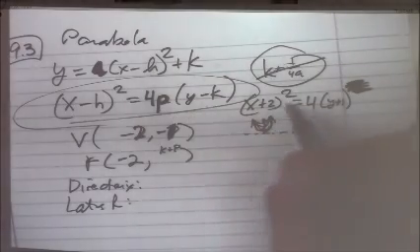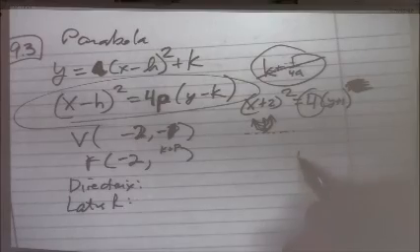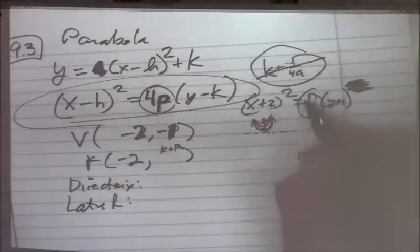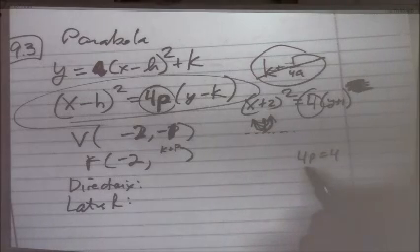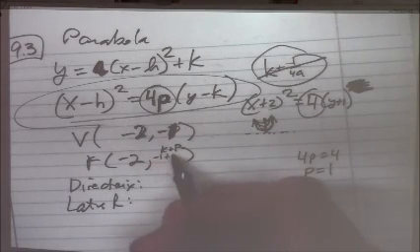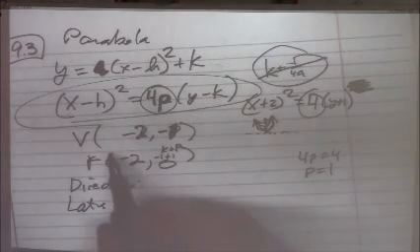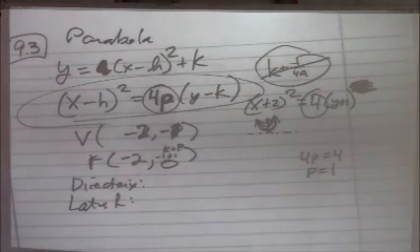So we take this number, and 4p is equal to 4, and then we divide by 4 and find that p is 1. So we do -1 plus 1, which means the focus point is 0. So our focus point is (-2, 0).